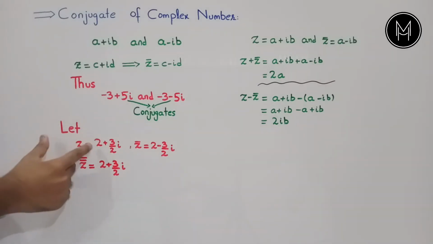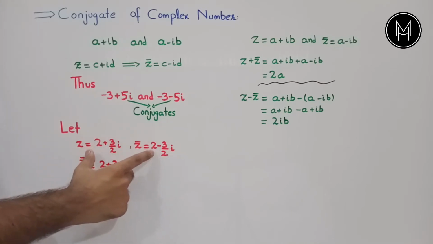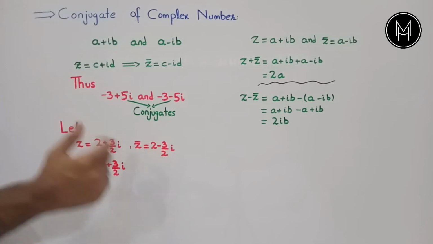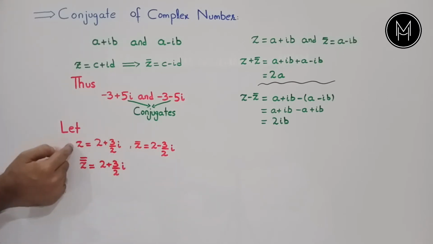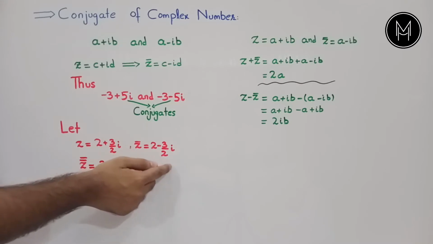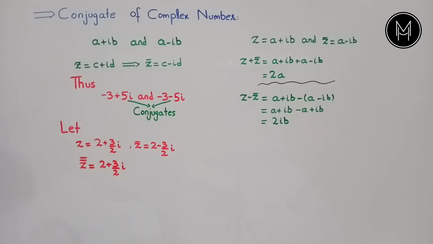Its conjugate would be equal to 2 minus 3/2 i, where both real parts are the same and the imaginary parts differ only in sign. So this is the conjugate of the complex number z. Now we again take the conjugate of this number, and as a result we will get 2 plus 3/2 i. So this is the proof. When we take the conjugate of any complex number twice, we will get back our original number.